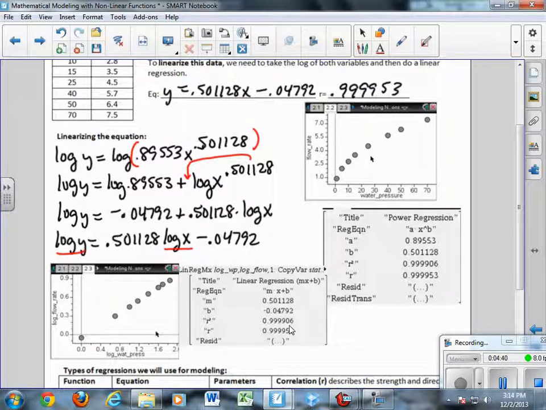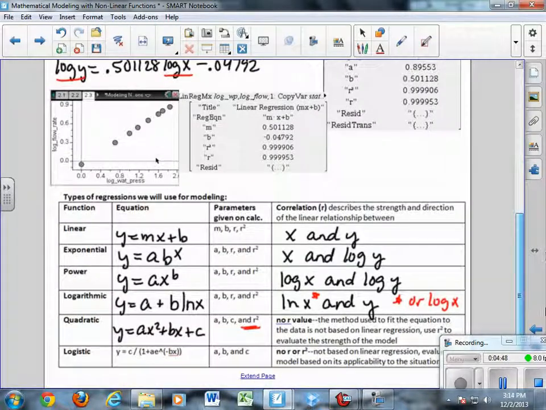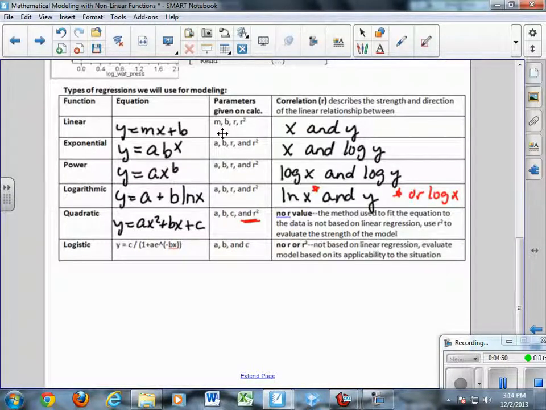So both exponential and power functions can be linearized and therefore have R values. If you look down at this table, this shows you that linear, exponential, power, and logarithmic graphs all have R values. All of them have R values because they can be linearized, written in some sort of linear form.